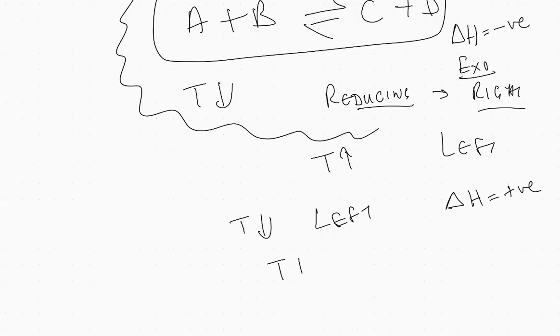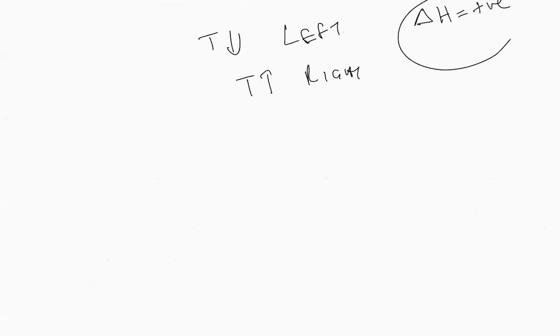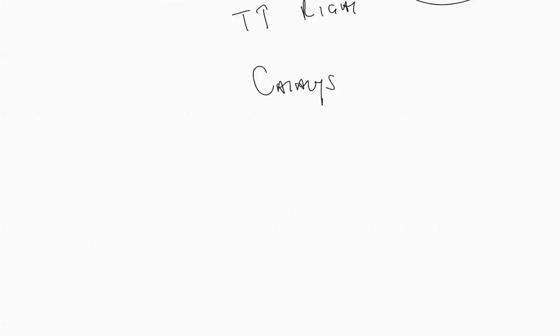This is qualitative: just tell me what happens, understand the logic of it, and then remember it. Then what happens if you use a catalyst? We know from reaction rates, the reaction moves like that, and that is EA, activation energy.